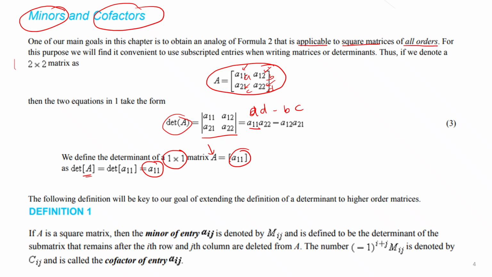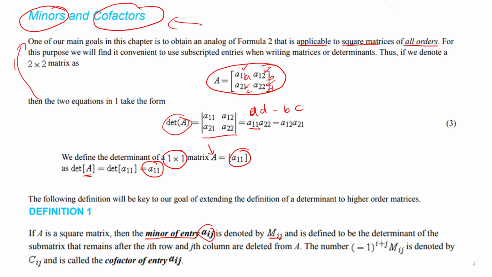As mentioned earlier, in order to make a general concept of how to calculate the determinant, we will use a new term called the minor of an entry, denoted by Mij. So what is the minor of an entry Aij?